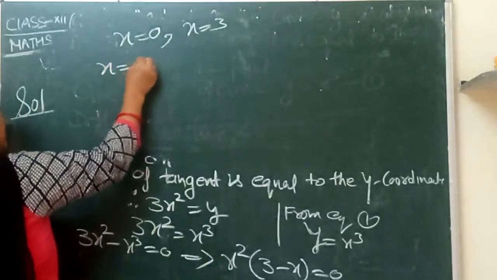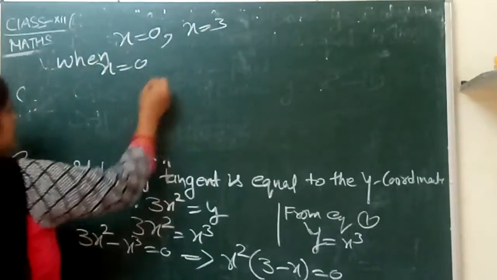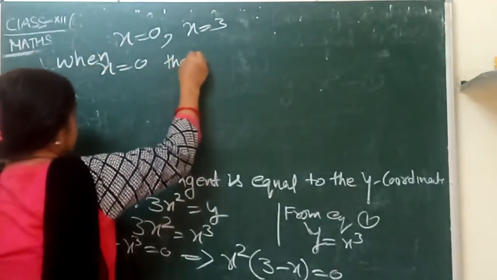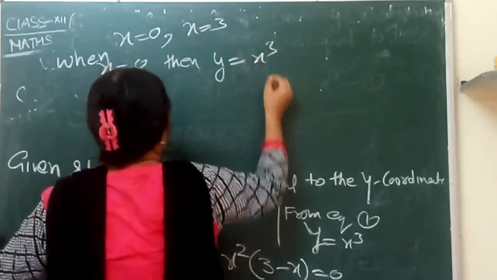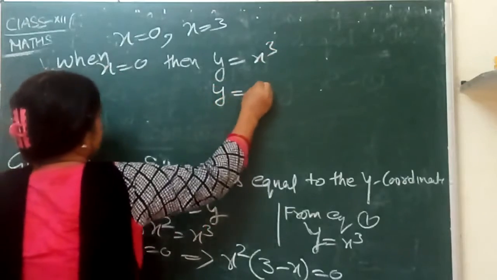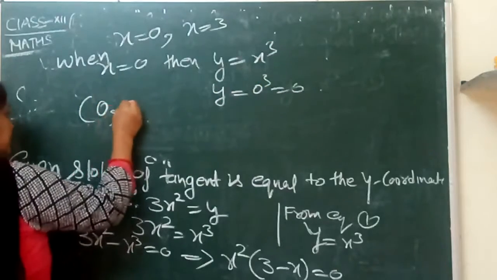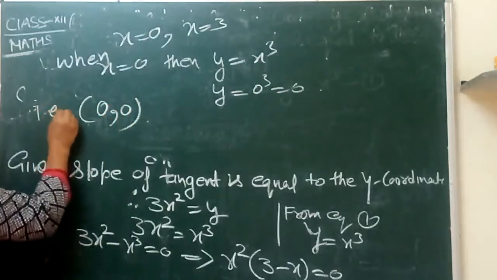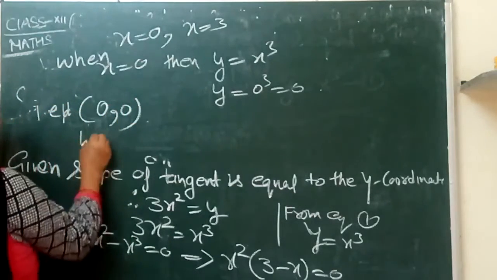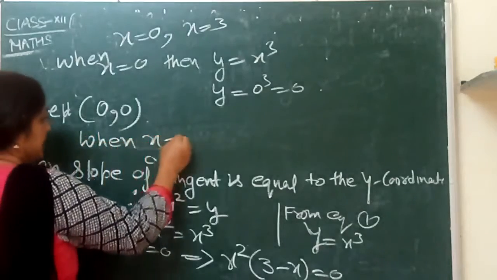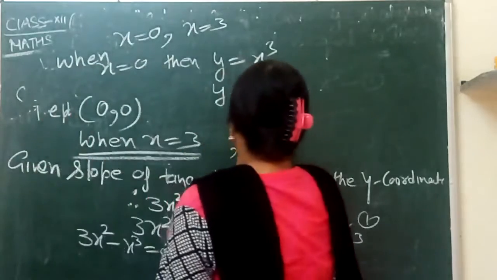When x is equal to 0, then what is the value of y? Y is equal to x cube. Then y will come 0 cube, that is 0. So one point is 0, 0. Now second point, when x is equal to 3, then what is the value of y?